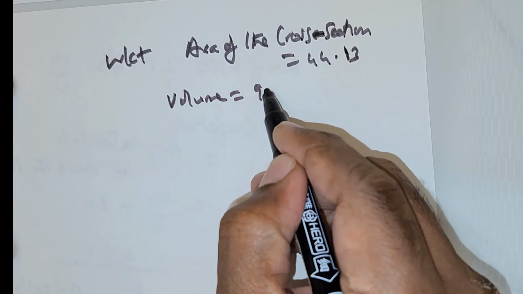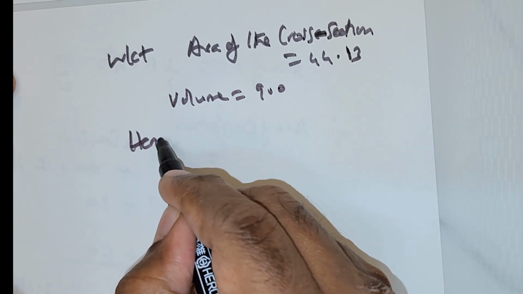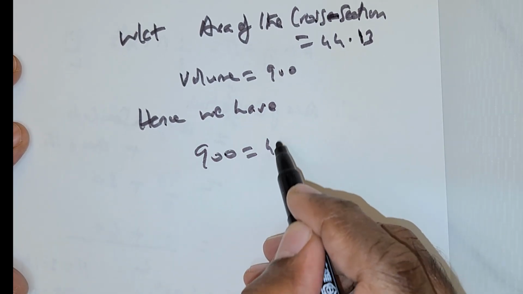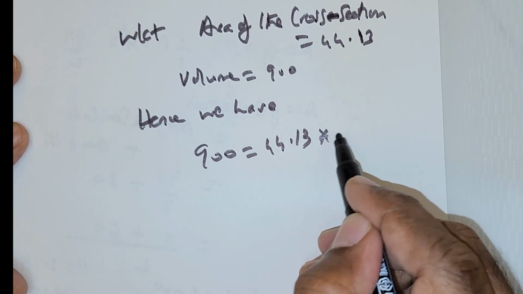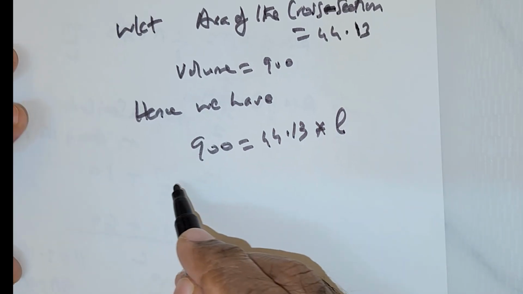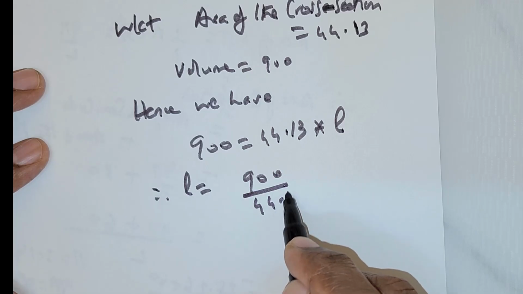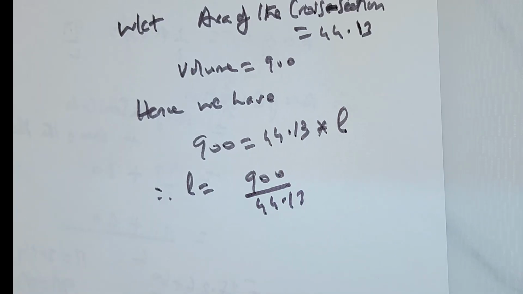Volume is equal to 900. Hence we have 900 is equal to 44.13 multiplied with L. Therefore L should be 900 divided by 44.13. You can use your calculator and find the value out.